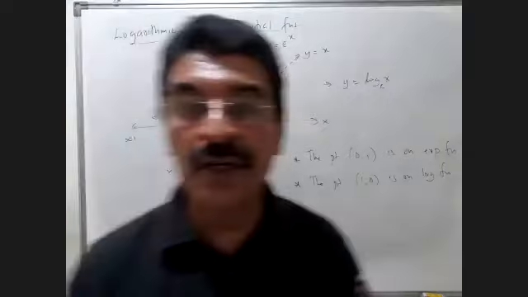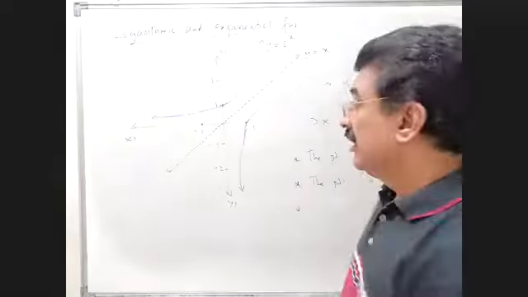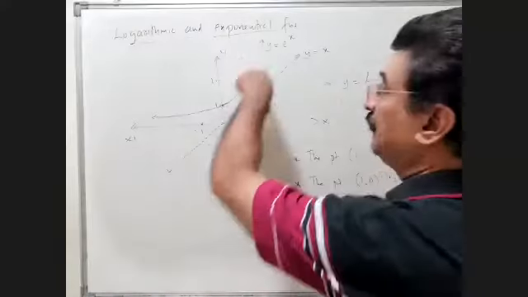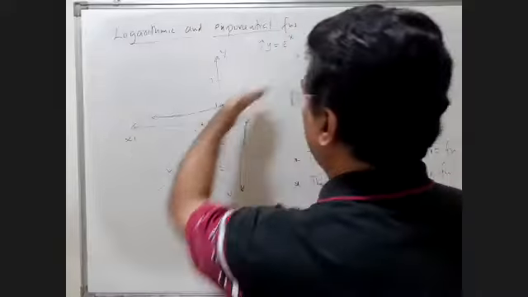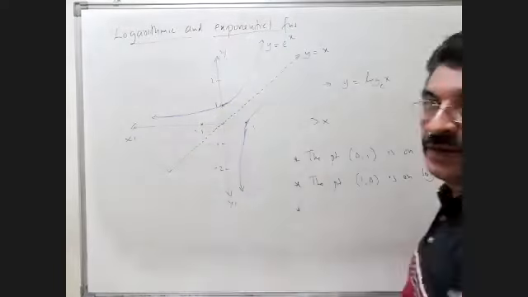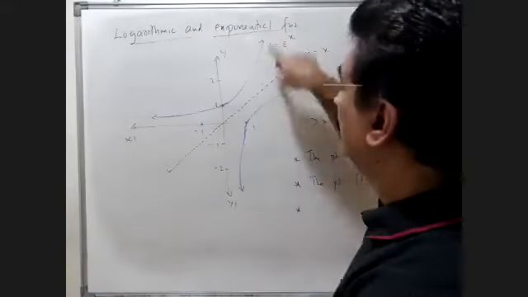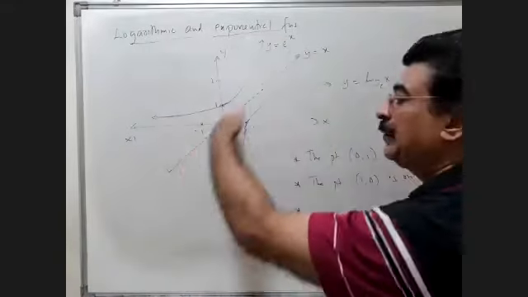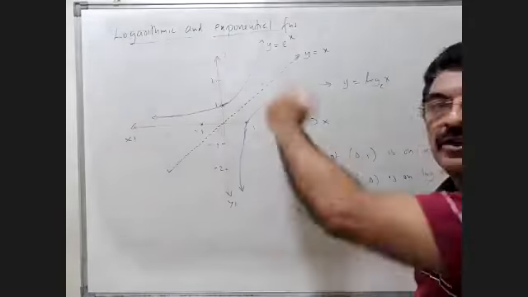After drawing this graph of the exponential function, if we keep a plane mirror along this y is equal to x, you can see that this is the image of this one. Similarly, if you keep a plane mirror, this is a reflecting surface, you can see these are the images of each other.